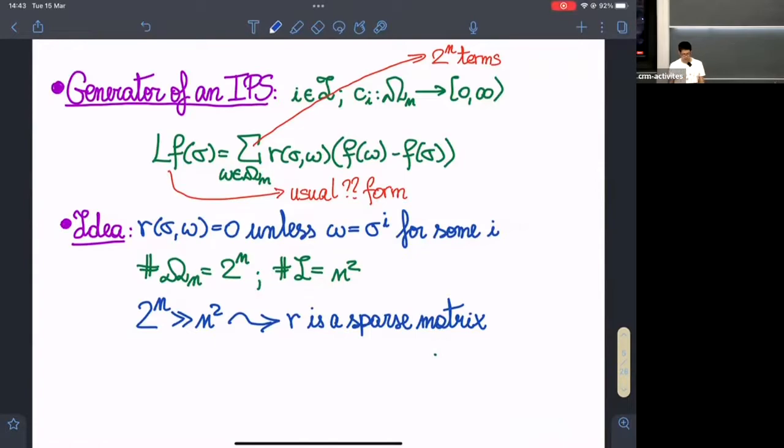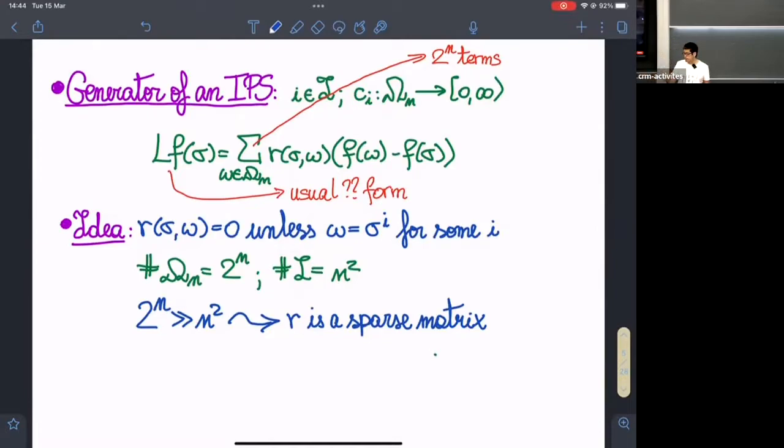Why? Because in an interacting particle system, these rates r(sigma, omega) are equal to 0 unless omega can be obtained from sigma by means of an allowed transformation. In our case, the allowed transformations are either flipping one site, so going from 0 to 1 or 1 to 0, or exchanging two sites.